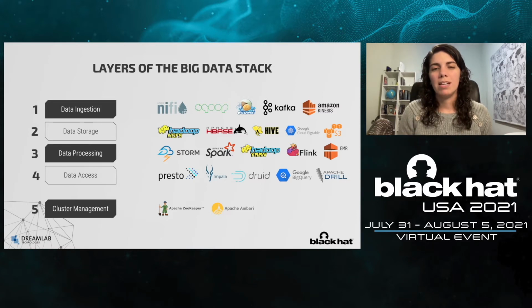So when we analyze an entire big data infrastructure, we can actually find many different and complex technologies interacting with each other. They fulfill different functions according to the layer of the stack where they are located.